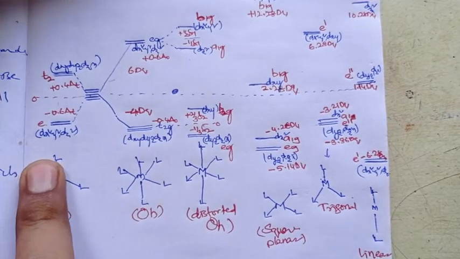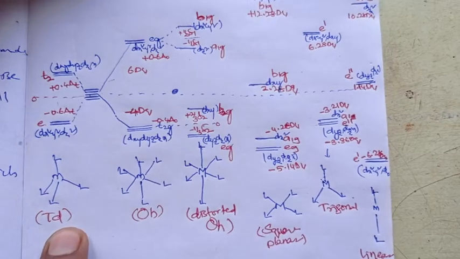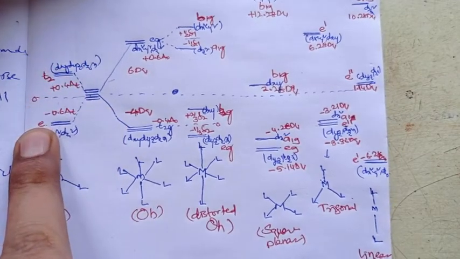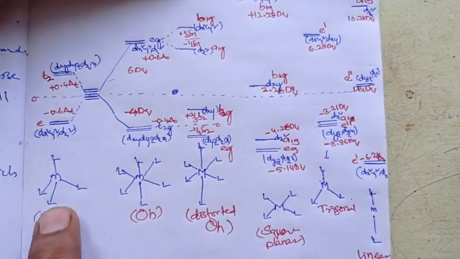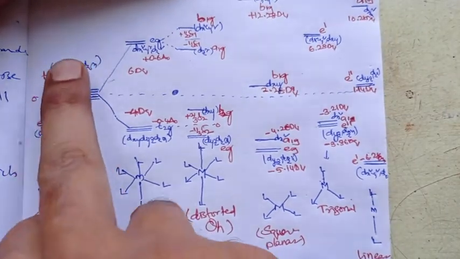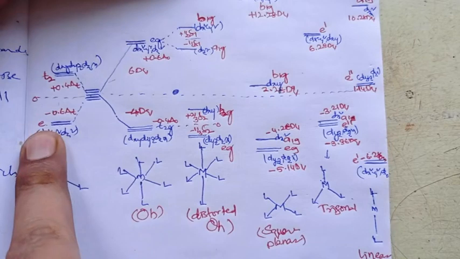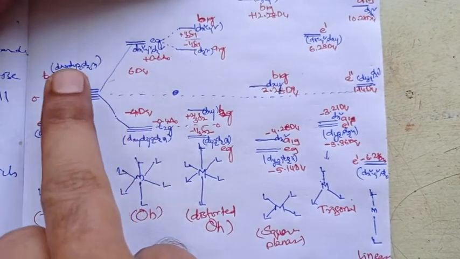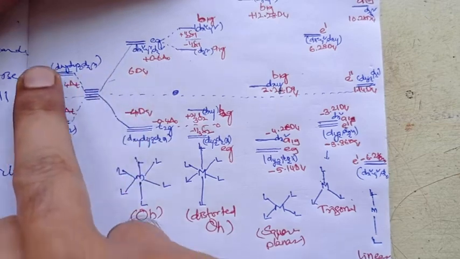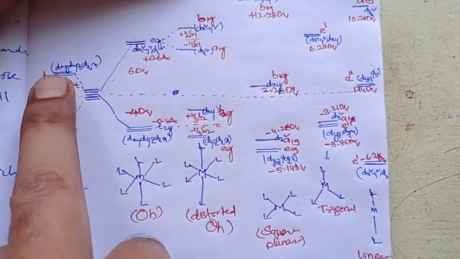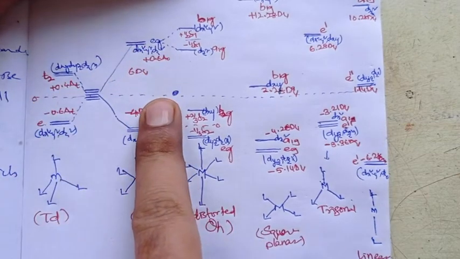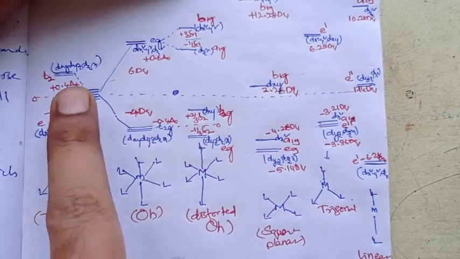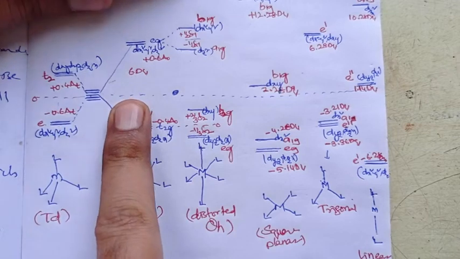The same scenario comes up in tetrahedral. In tetrahedral also two energy states are generated, but the newly generated energy states are energetically totally different from the octahedral, though with respect to orbitals the newly generated levels are similar, and the splitting pattern in tetrahedral is exactly the reverse of the octahedral splitting pattern.